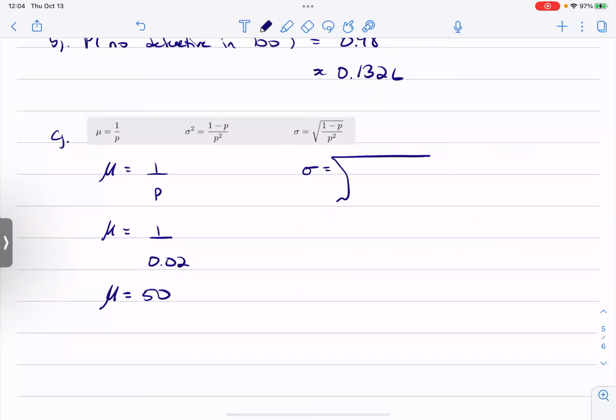Sigma is going to be the square root of 0.98 divided by 0.02 squared. Square root that. I get a sigma of roughly 49.4975. Quite a large standard deviation.